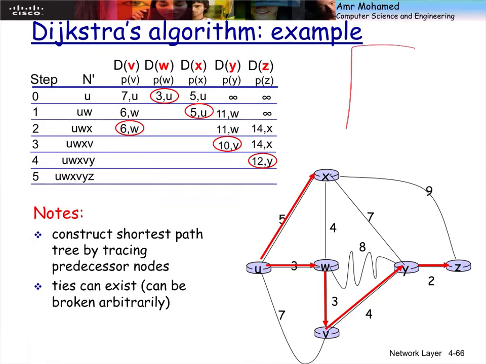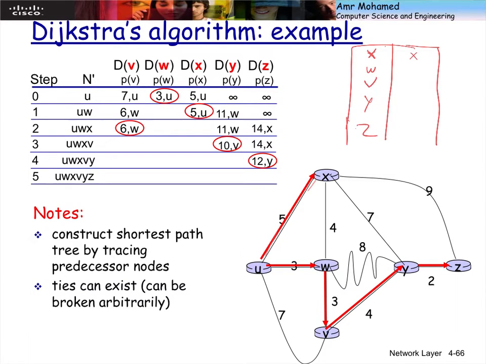So for example, if I need to, so the routing table will be the destination address, which is the node. So now we have nodes X, W, we have V, we have Y, we have Z. So if I need to reach X, what is the next hop?